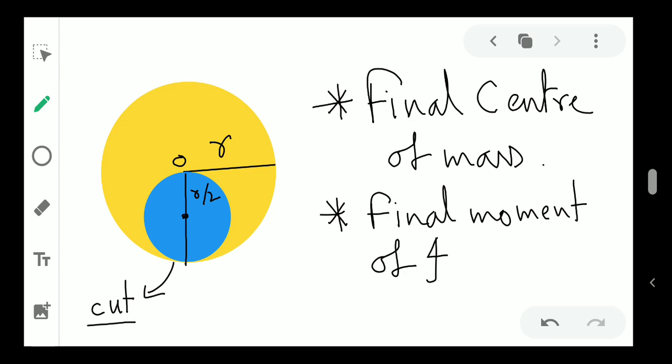So these two things are two different questions, but here we are going to find these two things for the same problem. To start with this problem, first we have to understand something. Now let us talk about the first problem, which is center of mass.